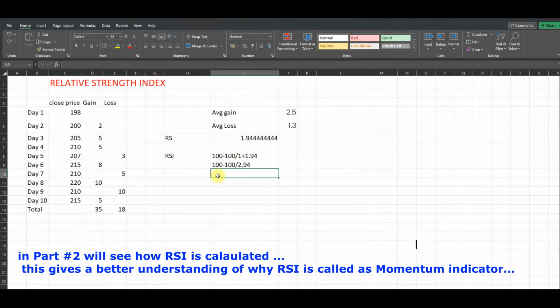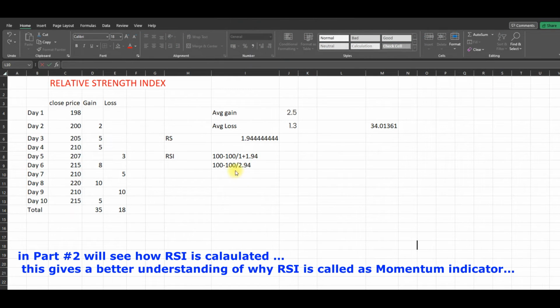Next we have to find 100 divided by 2.94, which equals 34.01, so about 34.